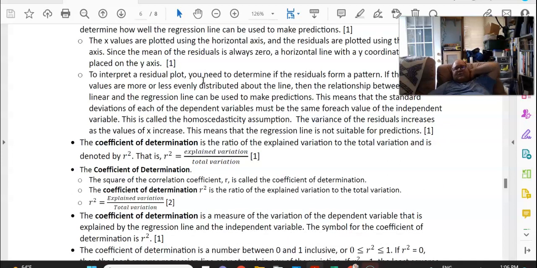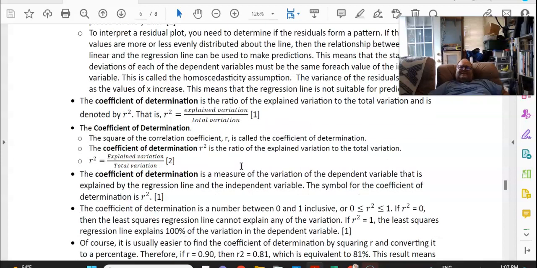The value r squared that we can pull up on a graph is our coefficient of determination, which is the square of our coefficient of correlation, and it is the explained variation over the total variation.